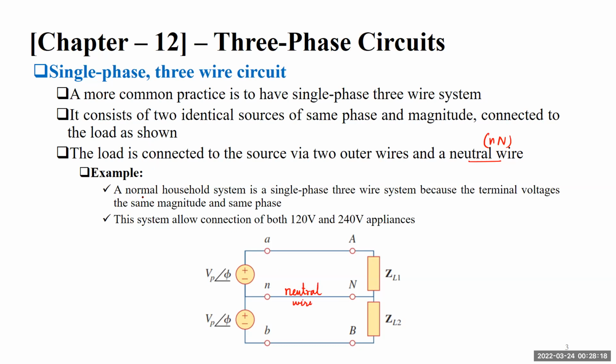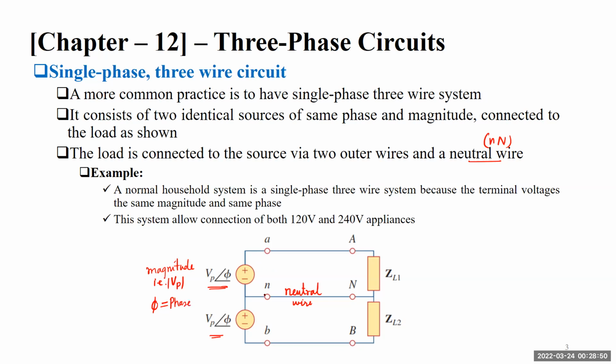A normal household system is a single-phase 3-wire system, because the terminal voltages are of the same magnitude and same phase. The magnitude is the same, that is Vp, both are the same, and theta is the phase.